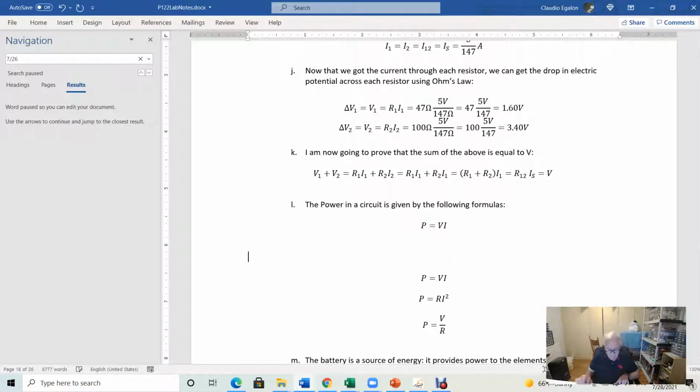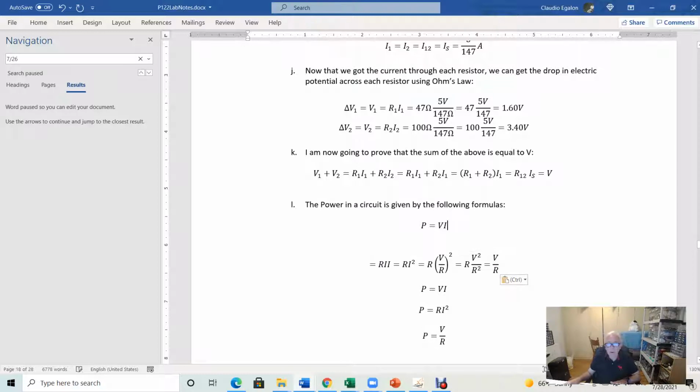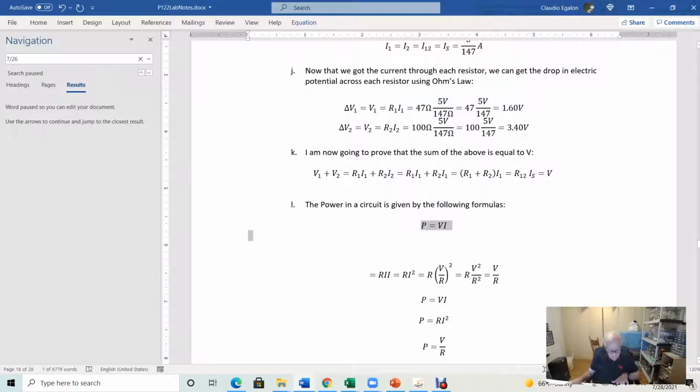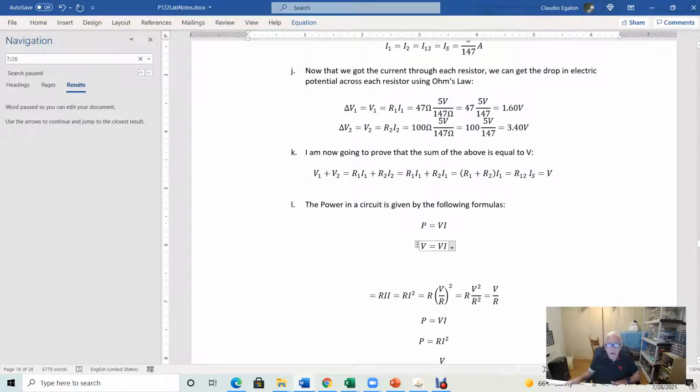It's possible, like I said, to calculate this power using Ohm's law, V equals Ri, and substituting it right here in this equation, we can get a different format of this formula: Ri times i, or Ri squared.